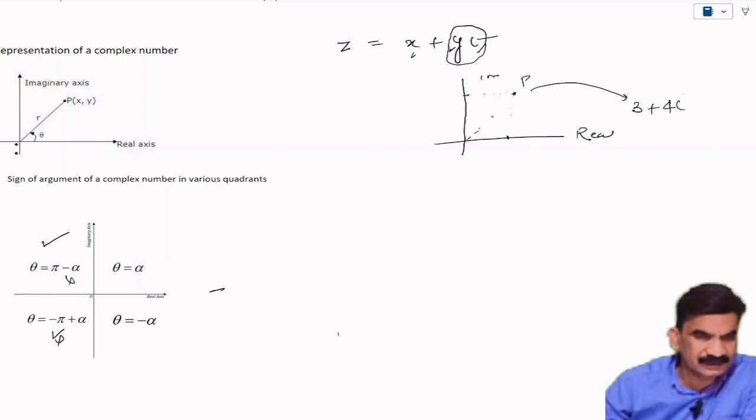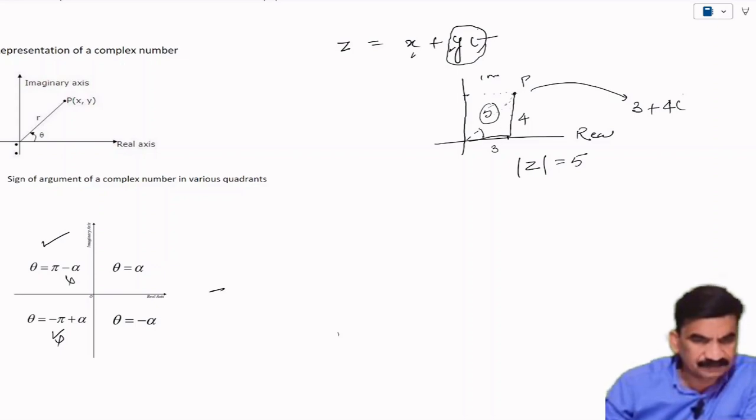I can draw a line and see that this number is this far. Now, this is 3 and this is 4. So this is going to be 5. I'll just draw a line to be more precise here. So this 5 will be called the modulus of the complex number, and it is denoted by mod z.